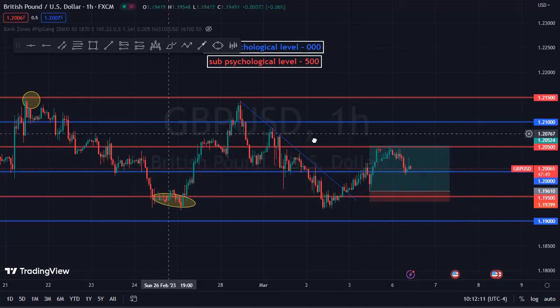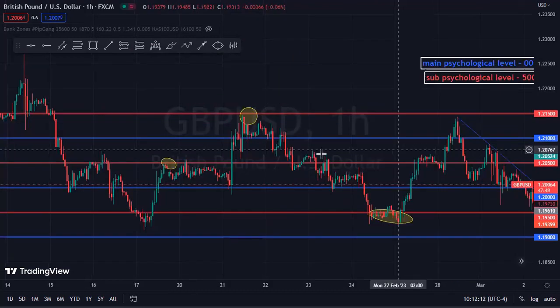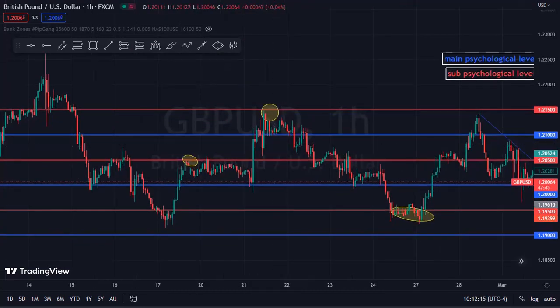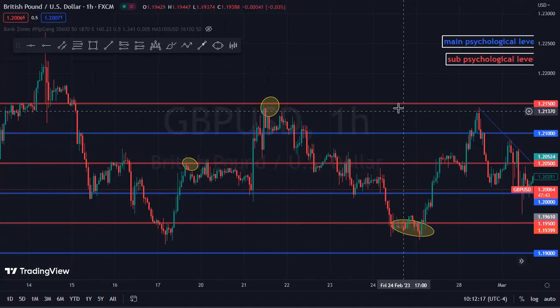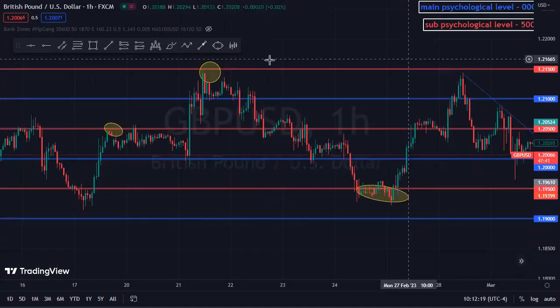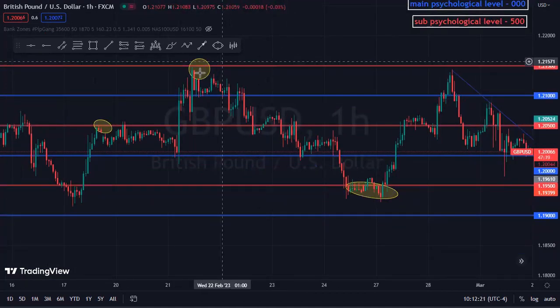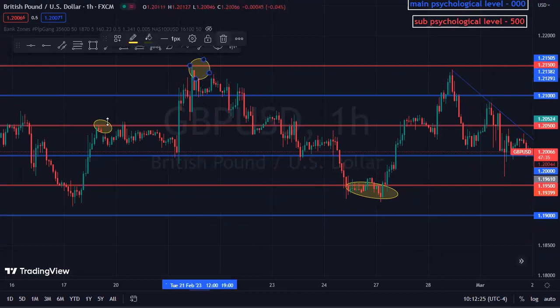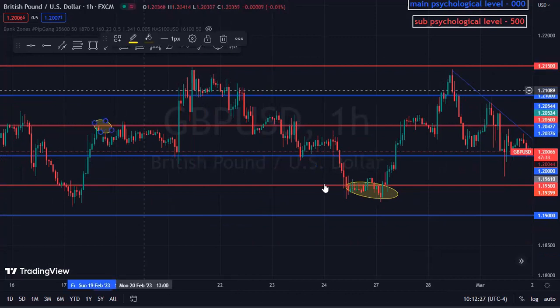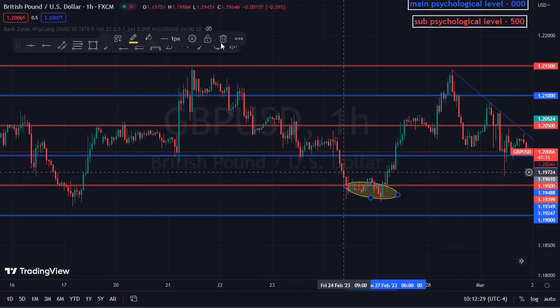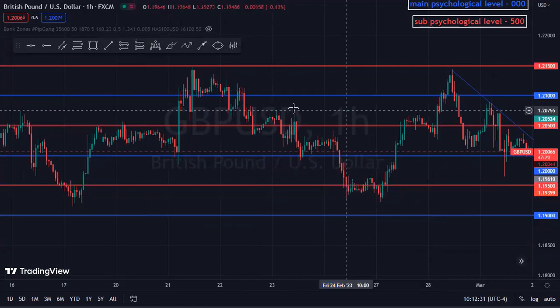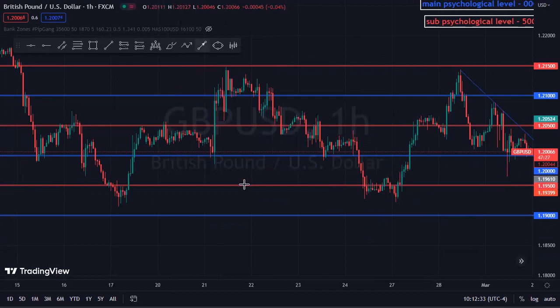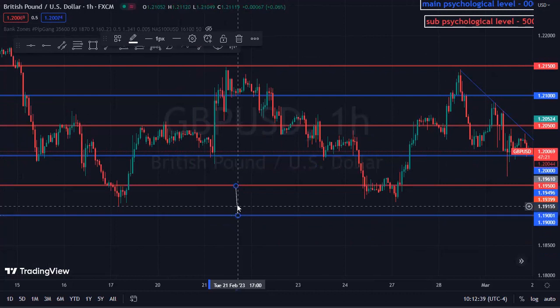One thing I wanna also explain to you guys is, when it comes to these psych levels, it helps you count your pips easier. Let me just show you. Let me just remove this. What I mean by that is that from here to here is 50 pips.